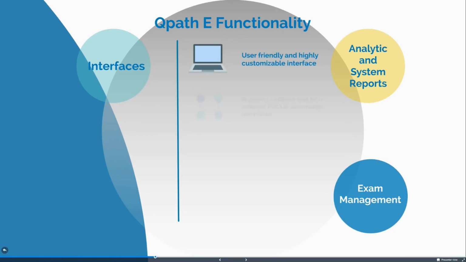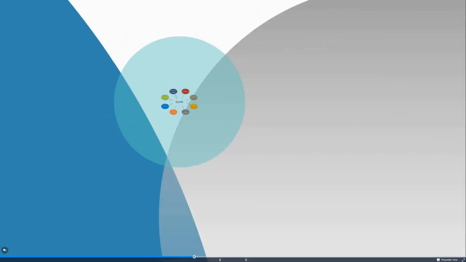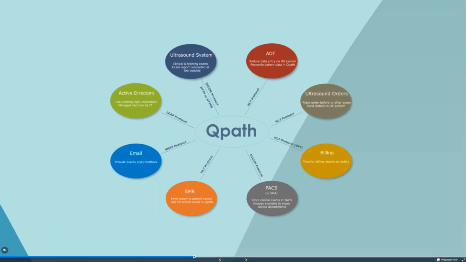Qpath E supports ordered and non-ordered workflows, multiple facility sites and role-based access to the application. Interfaces and protocols connected to Qpath allow automating the POCUS workflow end-to-end.